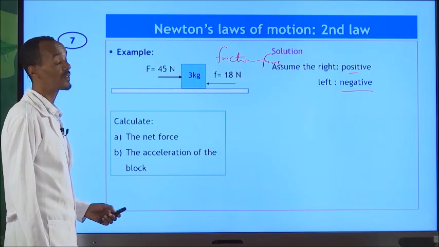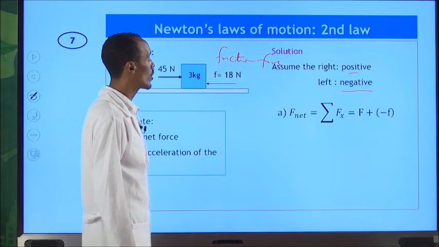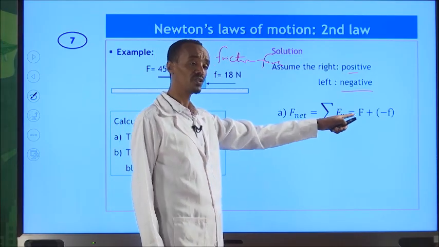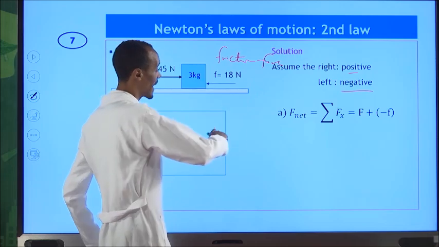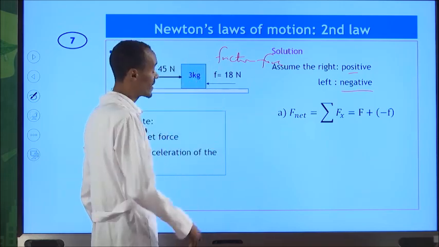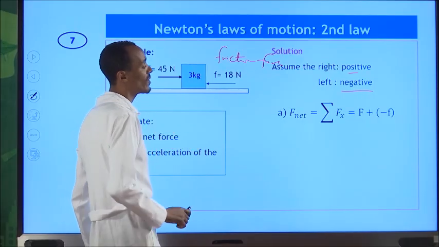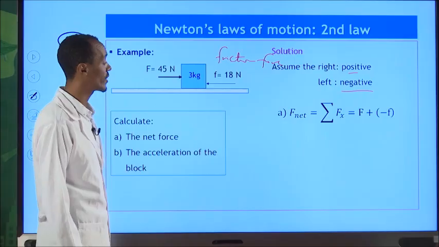The first is the net force. From our formula, we know that the net force is the summation of all the forces acting on it. Actually, we are considering the x direction, and we also have vertically applied forces. We have the weight and we have the normal force. If you add them, the net force will be on the y direction.